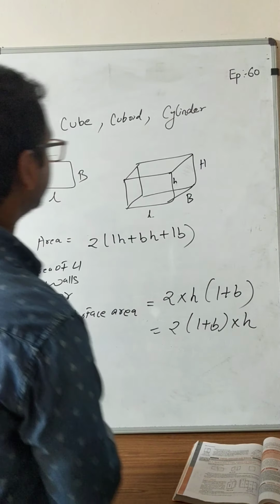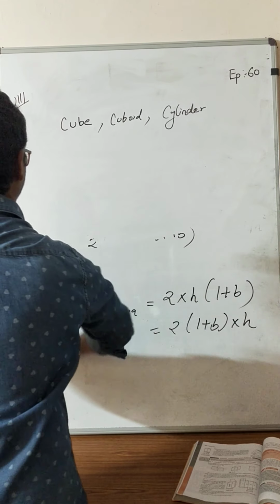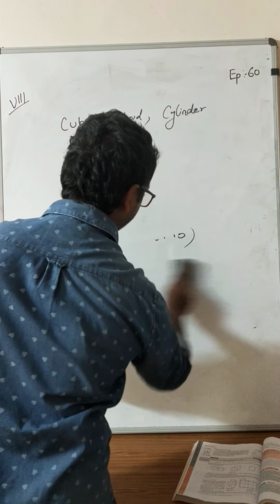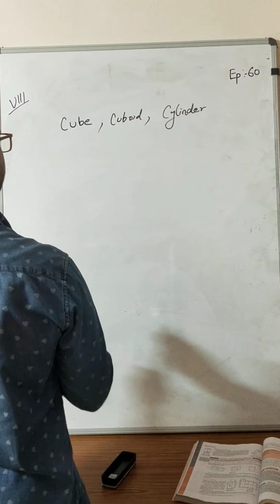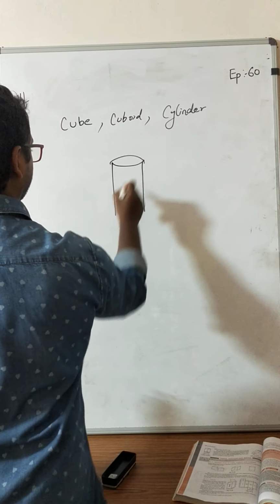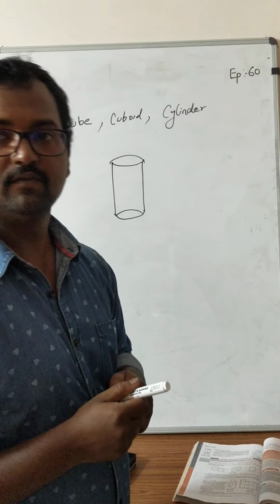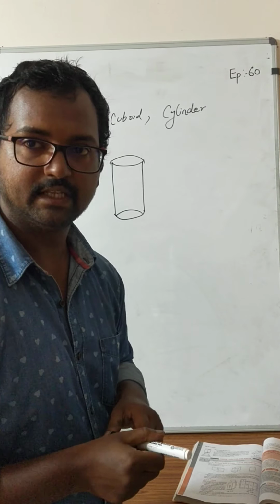Now let's move on to the cylinder. In the cylinder, we have curved surface area and total surface area.